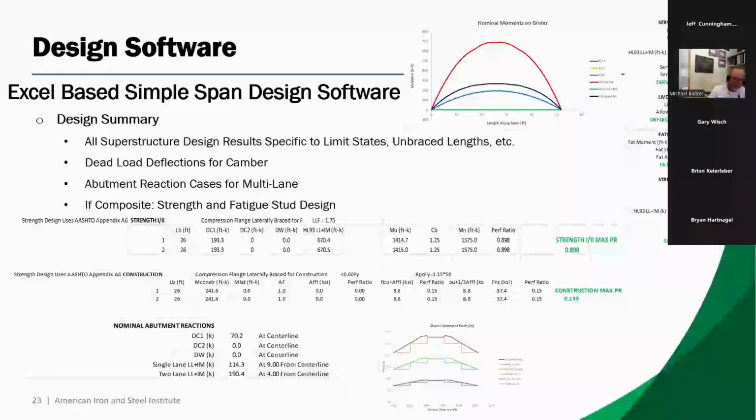It also gives abutment reaction cases for multi-lane bridges, which can be very helpful when you go to say, okay, now what size abutment do I need? And that's on the bottom left here, where you can say a single lane is lighter, but farther from the center, and a 2-lane is higher, but closer to the center. And so that can be used for that. If it's composite bridge, it'll also give strength and fatigue stud design.